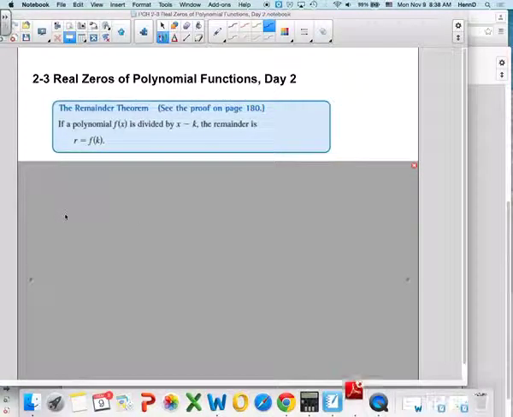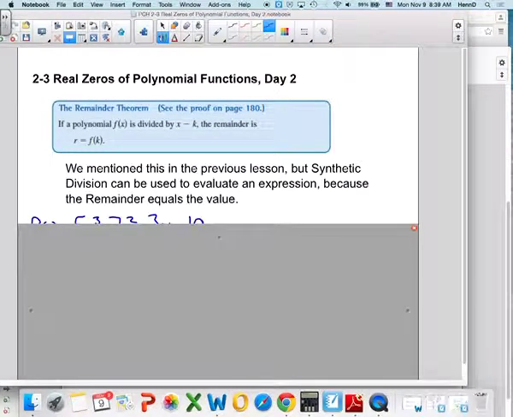Okay? Now, guys, that's why when you get 0 at the end, what do we know about k? X minus k is a factor of the polynomial, and k itself would be a 0. Alright, because it made the entire thing equal 0, and we know that because the remainder is 0.